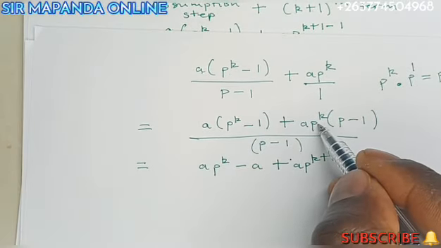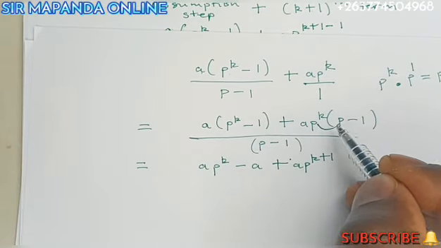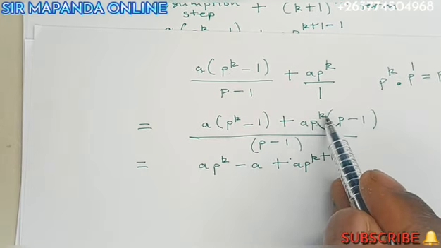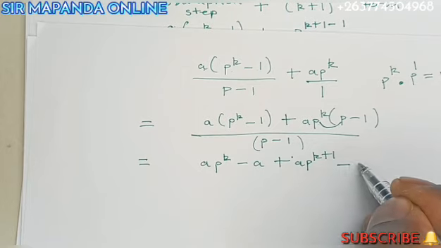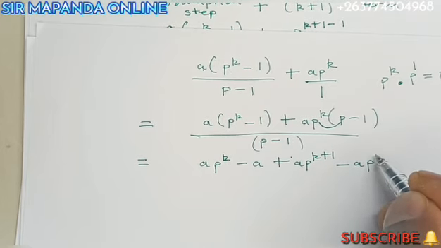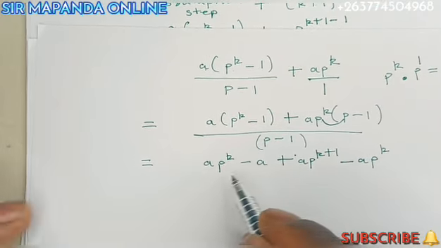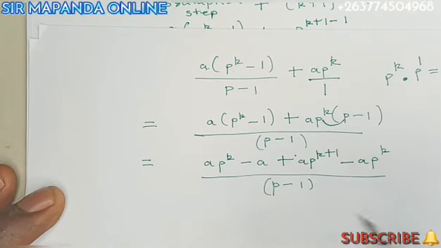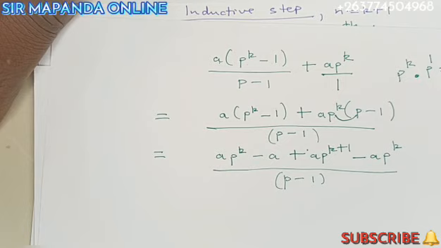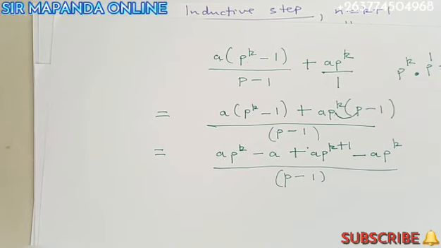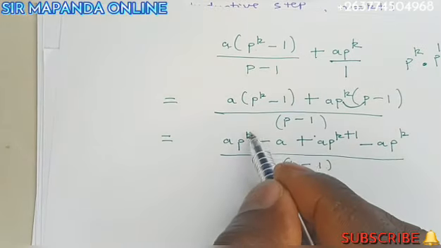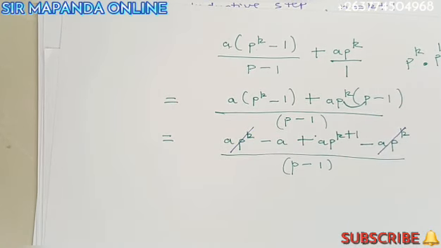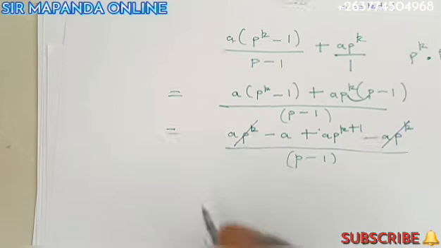So the multiplication of p to the power of k and p gives k plus 1. Then a p to the power of k times minus 1, you get minus a p to the power of k, all over p minus 1. I hope you are following, class. So you can notice that a p to the power of k and minus a p to the power of k give you 0. Therefore, they cancel each other.